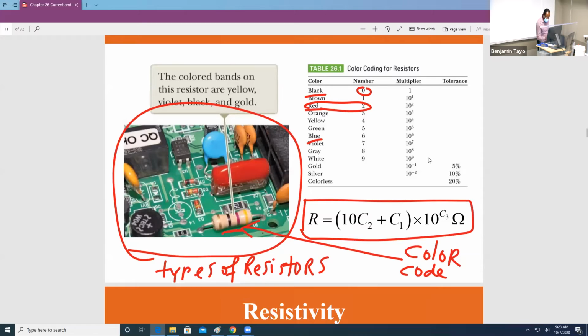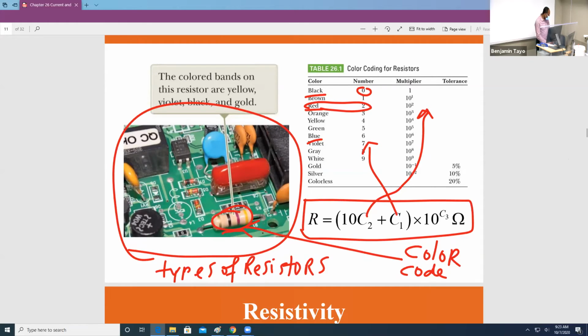C1 is the first quantity here, and C2 is the multiplier that comes from this table. The main thing is that each time you have a resistor, you can tell what the value of the resistance is going to be. And if you know the value of that resistance, then you can calculate your current.